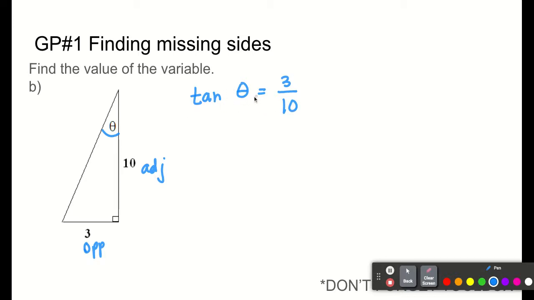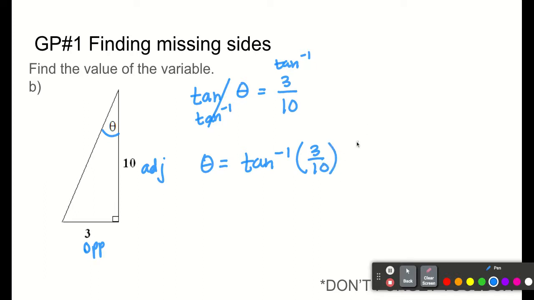Now we need to get theta by itself, so we need to get rid of the tangent. So we use the tangent inverse to undo that. That leaves us with theta is equal to the tangent inverse of 3 divided by 10. Make sure that you are writing this step so that I see what it is you are typing into your calculator.